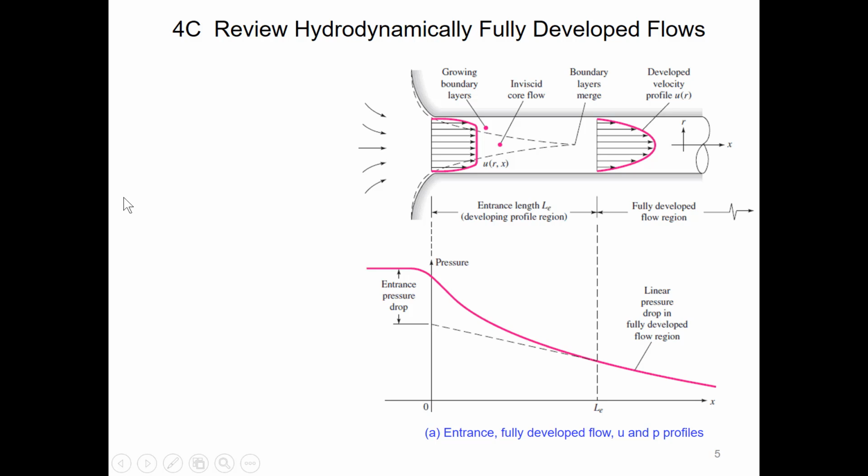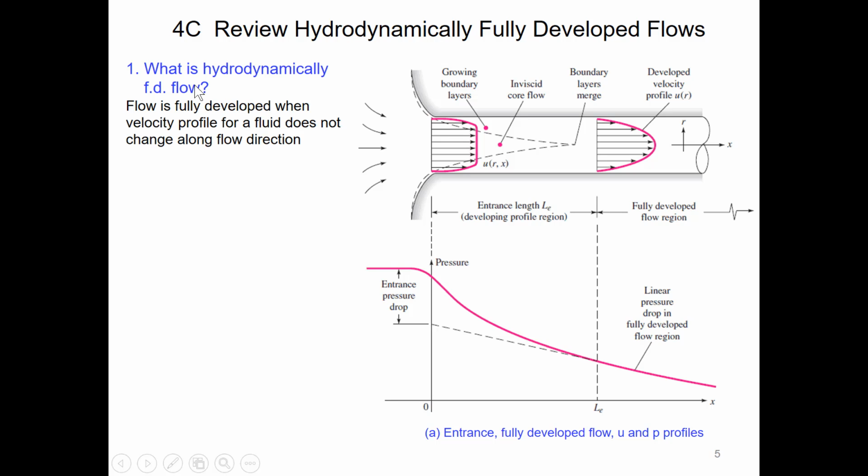But the question is, what is a hydrodynamically fully developed flow? It is defined as flow is fully developed hydrodynamically when the velocity profile for a fluid does not change along the flow direction.